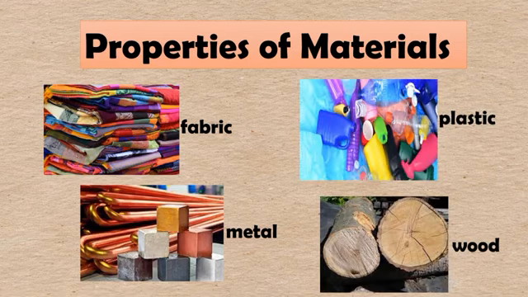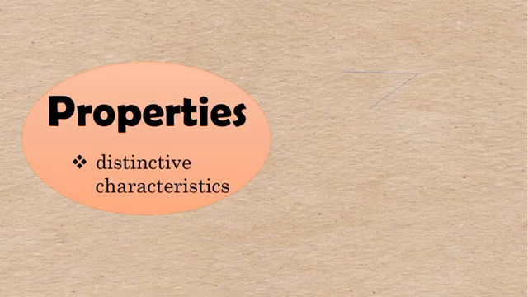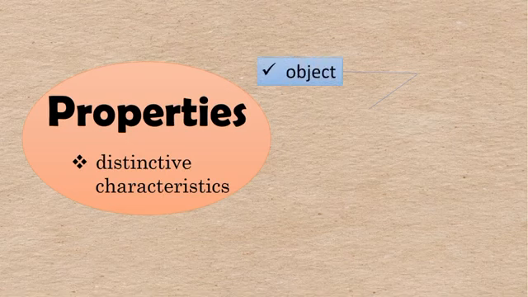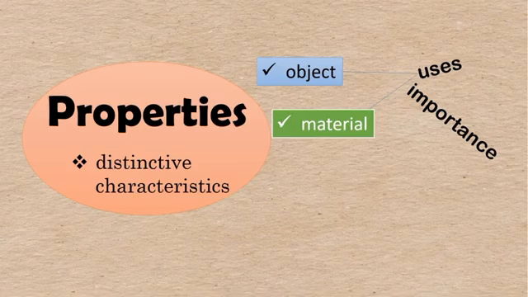The lessons include activities that will guide you to use the properties of materials and determine whether they are useful or harmful. Properties are distinctive characteristics that describe an object or material. These properties of materials determine their uses and importance. These properties may be observed directly or indirectly.